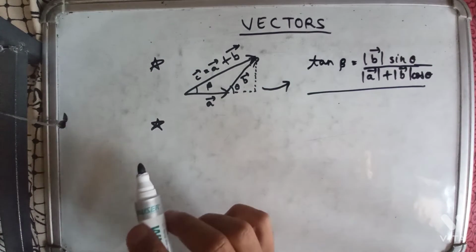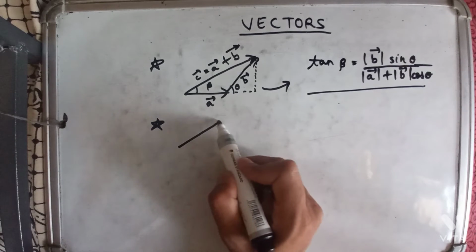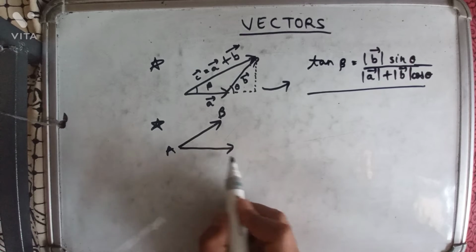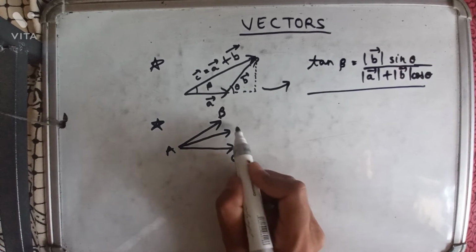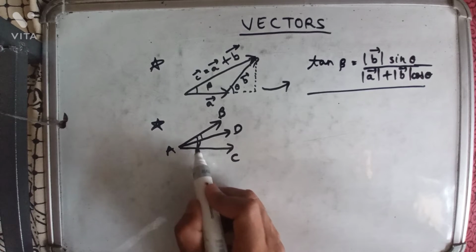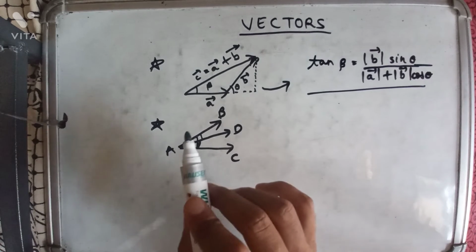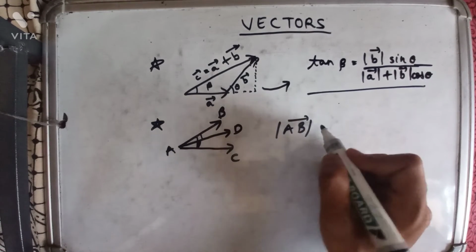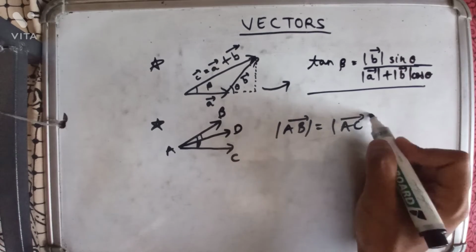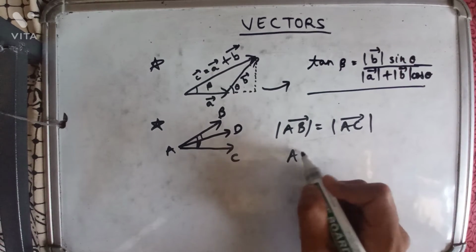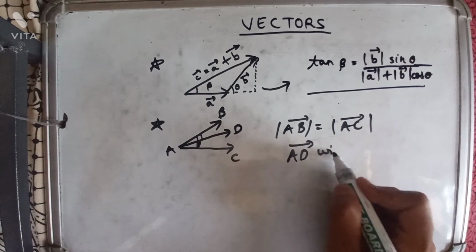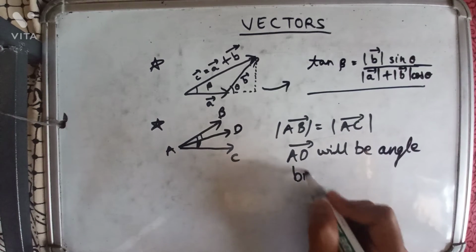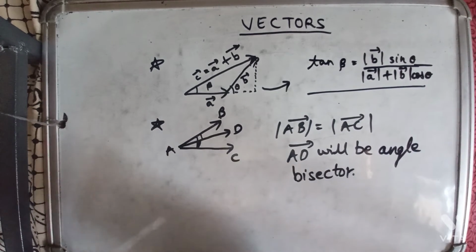The other thing is that if this is the AB vector, this is some AC vector, and this is the AD vector, and it is dividing the angle into two equal parts, meaning it is bisecting the angle, so if AB magnitude is equal to AC magnitude, then AD will be the angle bisector in this case.